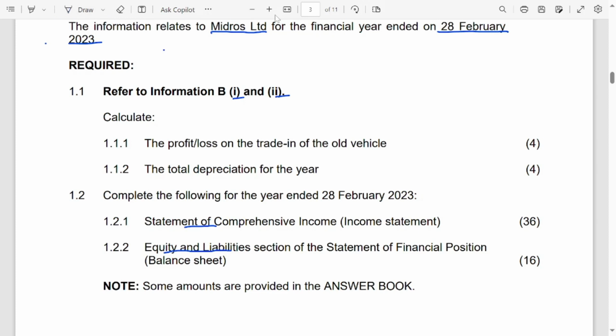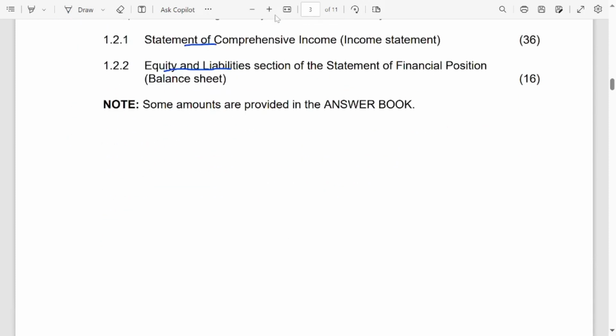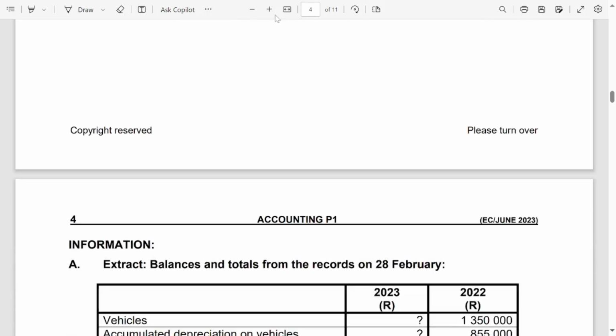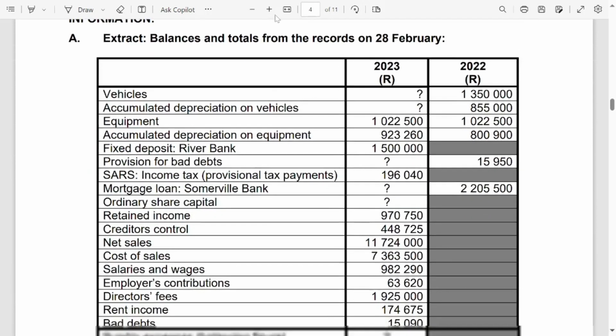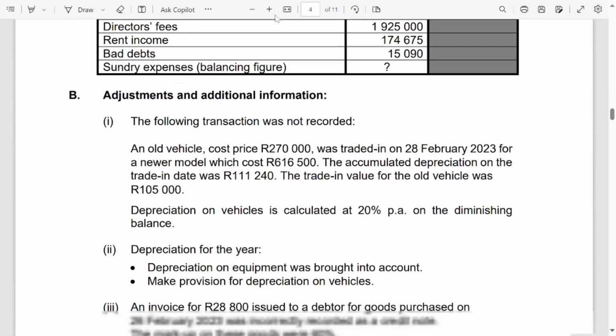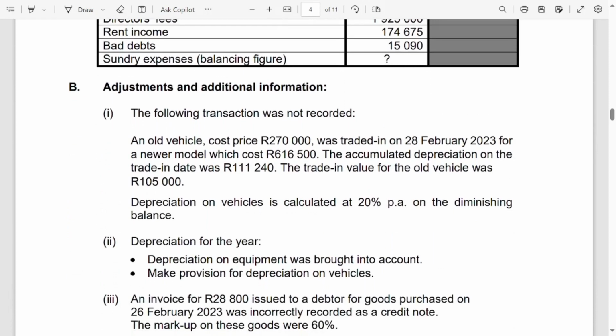So let's continue. Let's go to the information. Information B. The following transaction was not recorded.